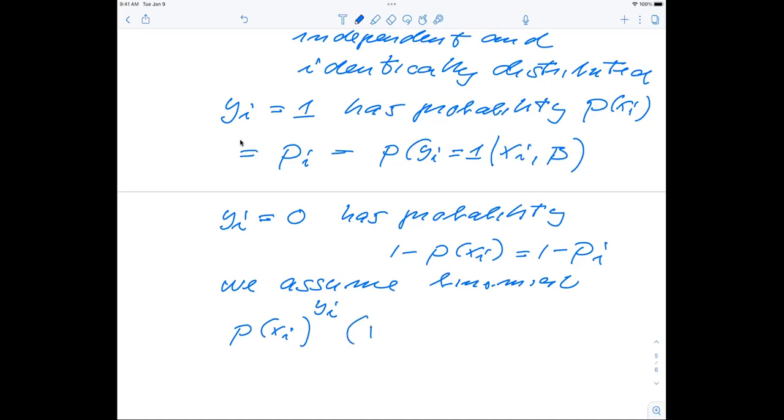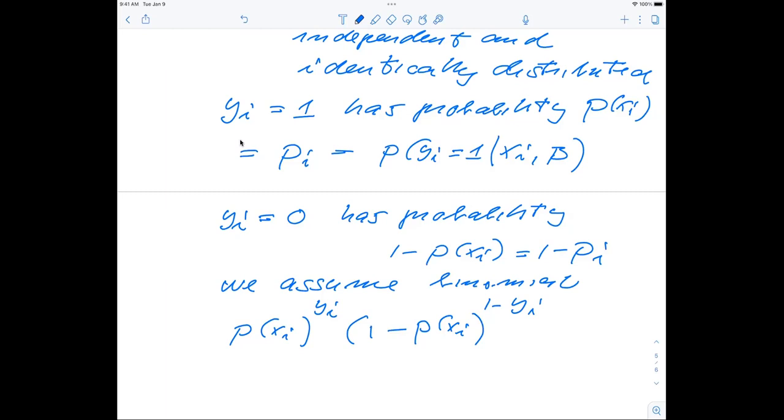And then I have (1 minus p(x_i)) to the power of 1 minus y_i. You see that if y is equal to 1, then the second term is just 1, and we get the probability we're looking for. And if y is equal to 0, the first term is 1, and then the second term is simply 1 minus p(x_i). Does that sound plausible?